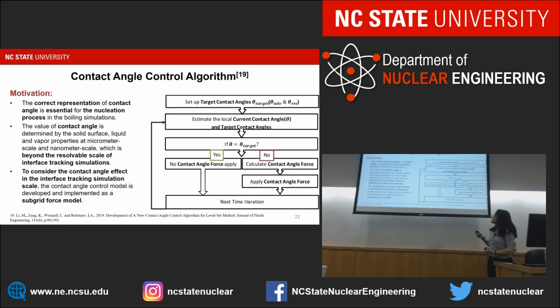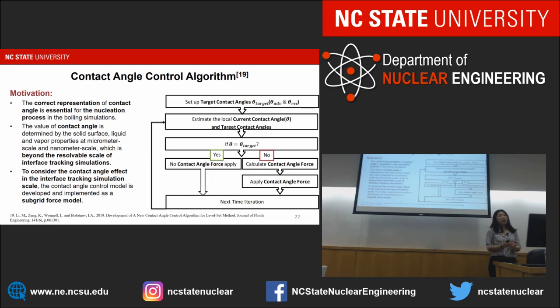And then we estimate the local current contact angle, compare it with the target contact angle, and find the difference between them. If the difference is smaller than the tolerance, then we say, well, this is okay, and we don't apply any contact angle force.